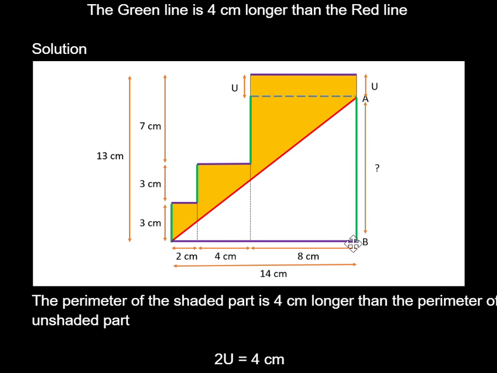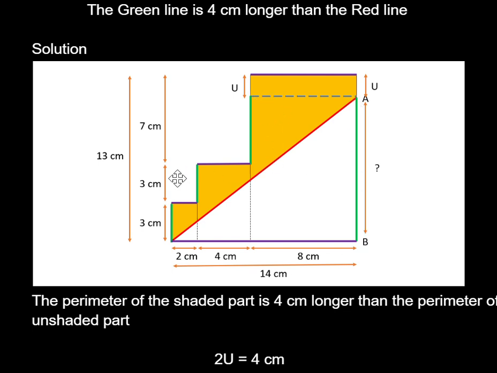For the unshaded part, this is the height. For the shaded part, this green line plus this green line plus this green line add up together is actually the same as the height of this green line here, which is equal to AB.